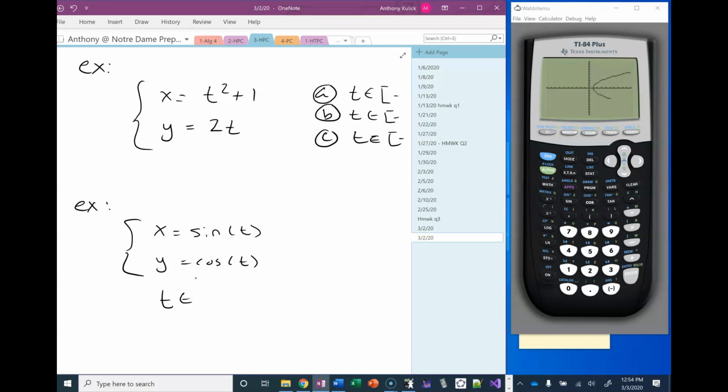So what do you think would be a reasonable interval that has the length 2 pi? An interval that is 2 pi long.